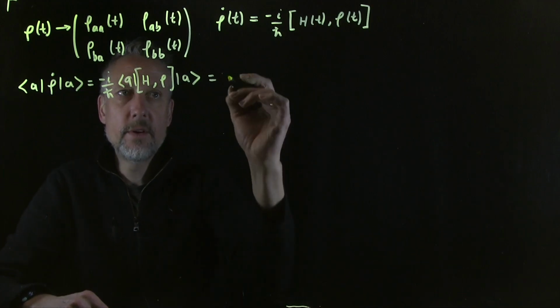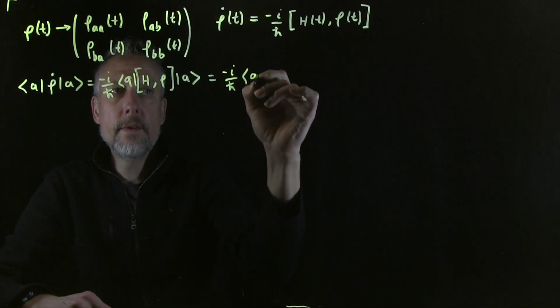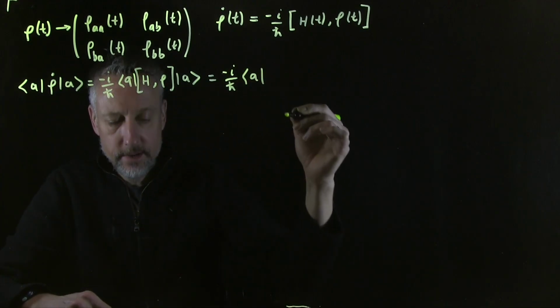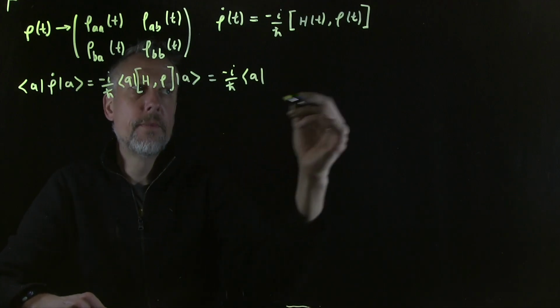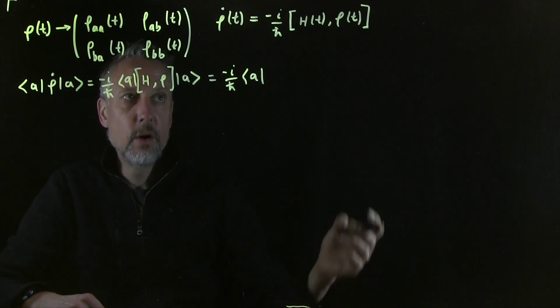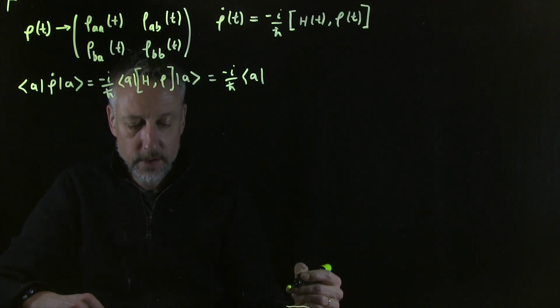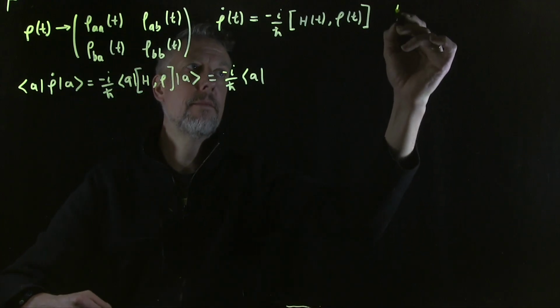All right, so we need to actually put something in here. So we have minus i over h bar, and then <A|. And now what's H rho? So H is all the matrix elements of H, and rho is all the matrix elements of rho. So let me do that over here.